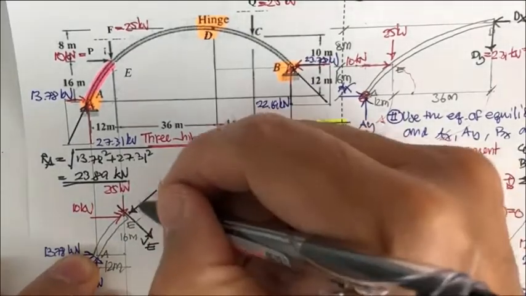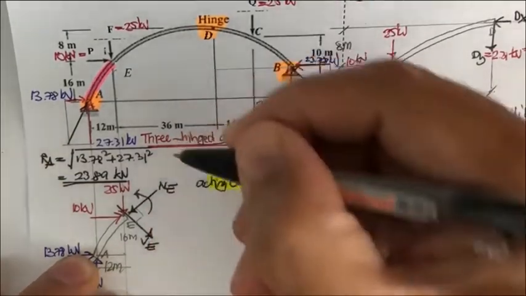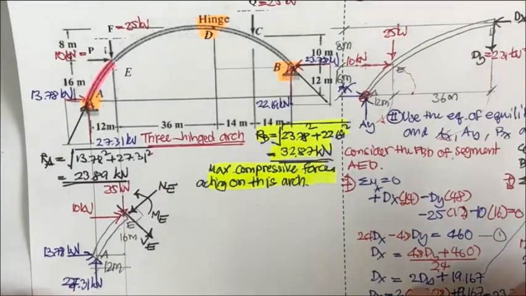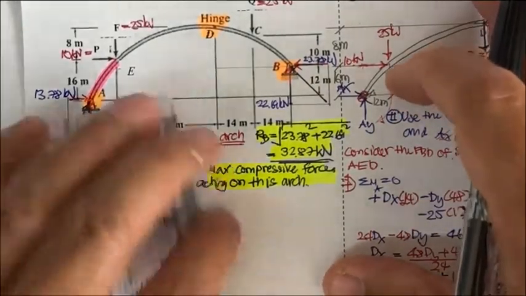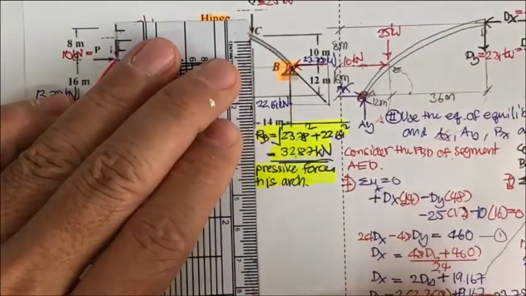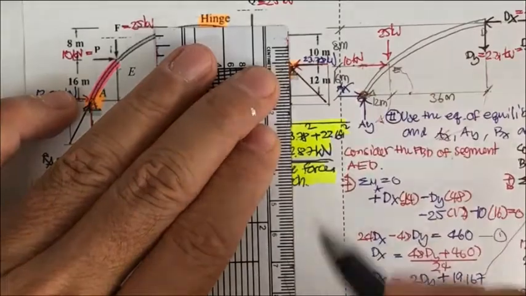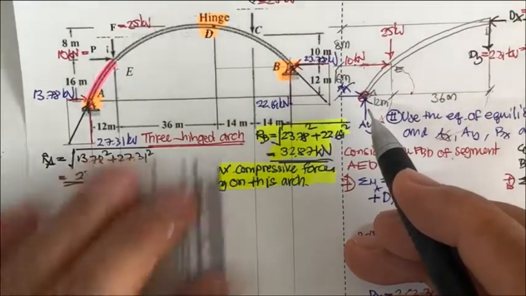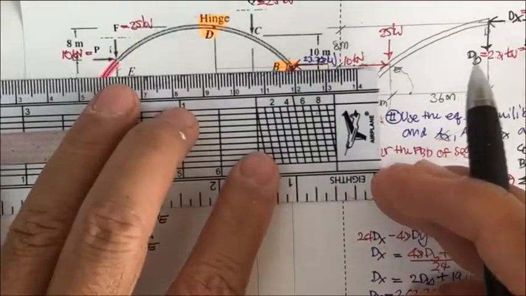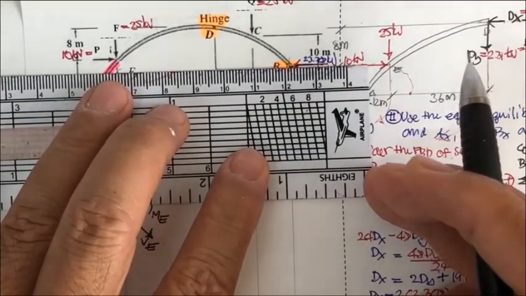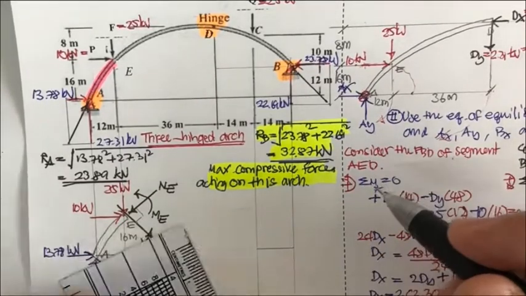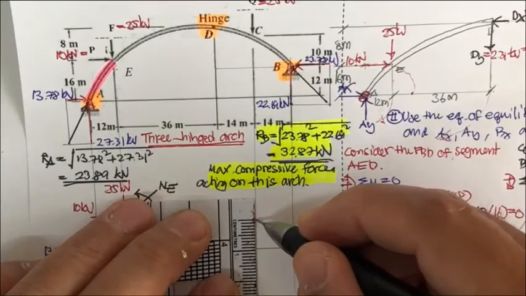And then we have the moment M sub E. Before that, let me put some additional cut into this portion, and then later we will use the equations of equilibrium to determine both of them. This is going to be 10 millimeter, and this is going to be 12.